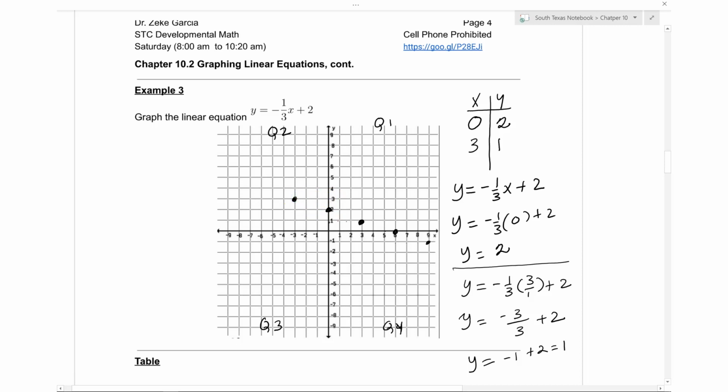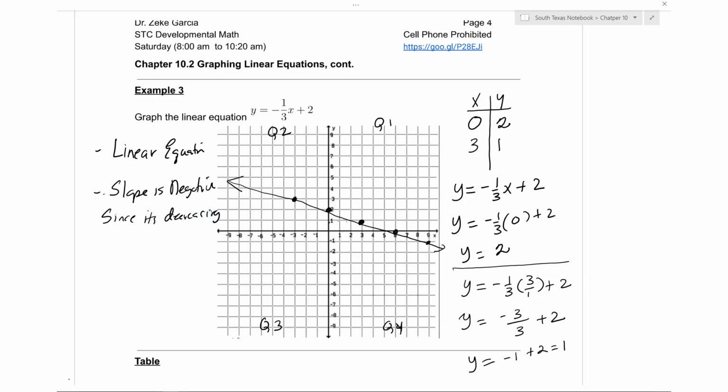We have enough points to create a straight line since we know that this will be linear. So this is a linear equation. The slope is negative since it's decreasing. That is the graph for y equals negative 1/3 x plus 2.